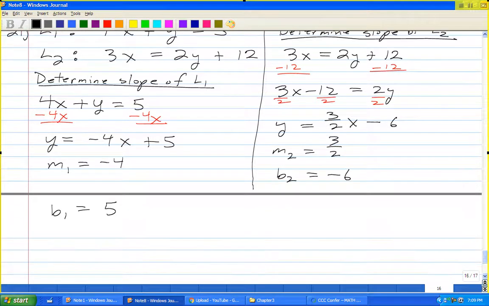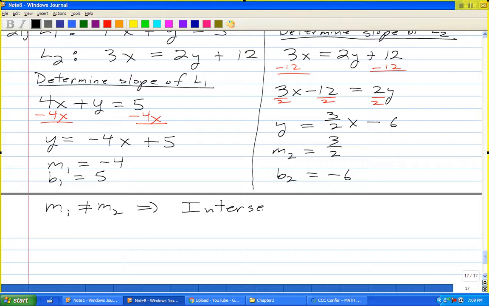Okay, so I have that these two slopes are not equal. So this is the case of intersecting lines. So that means that there's going to be one solution.